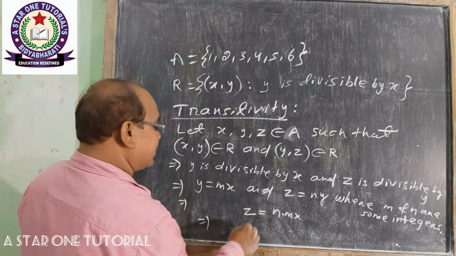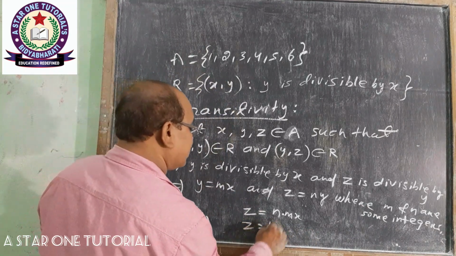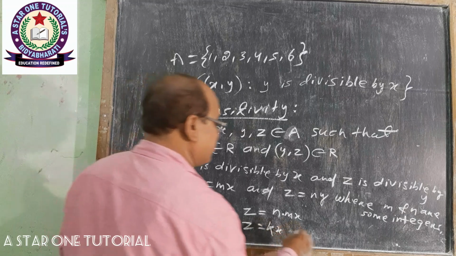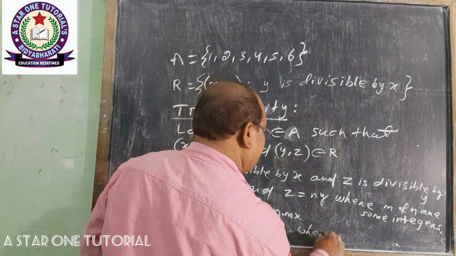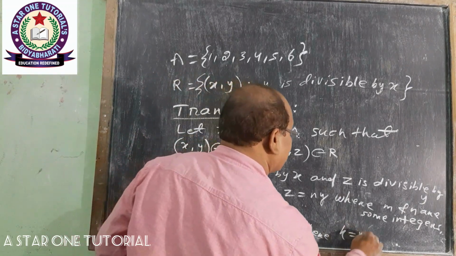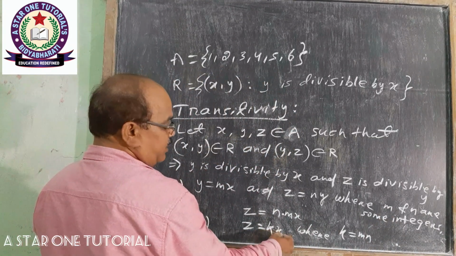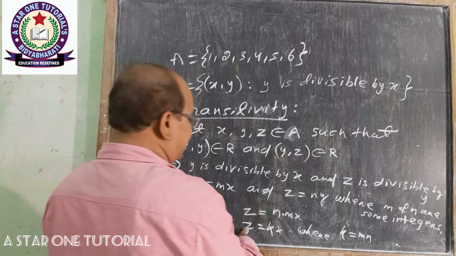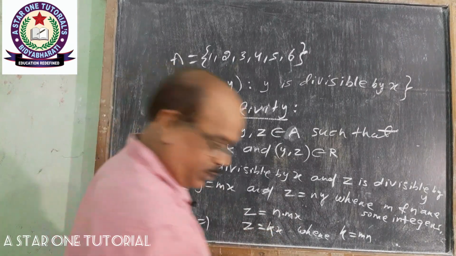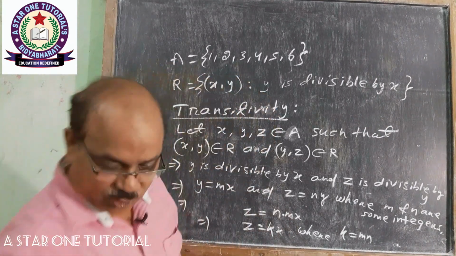So we can write z equals kx, where k equals mn. Here z is k times x. That means we can say that z is divisible by x.